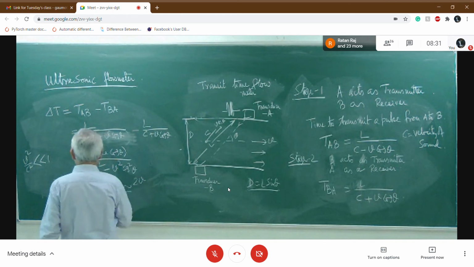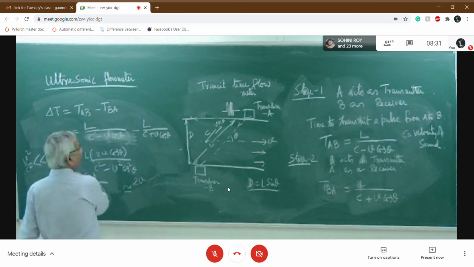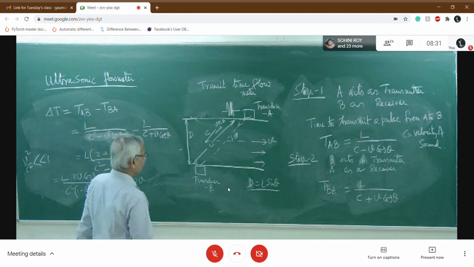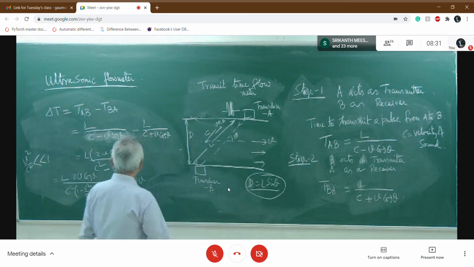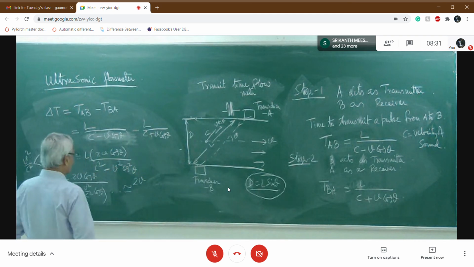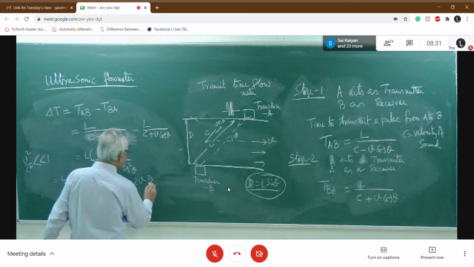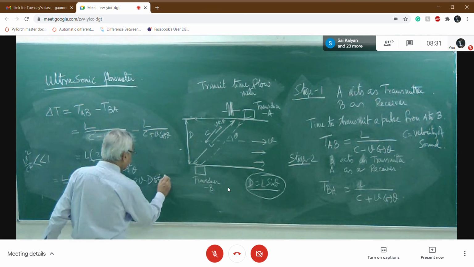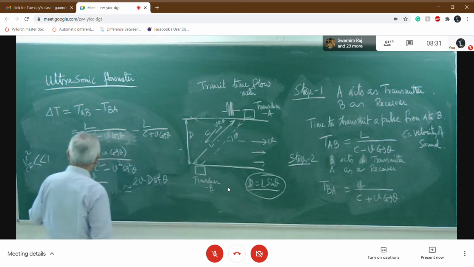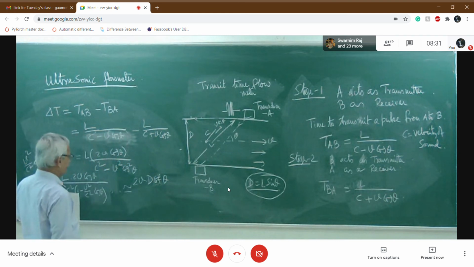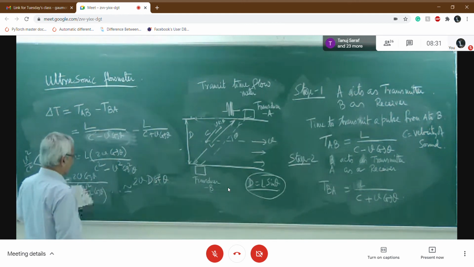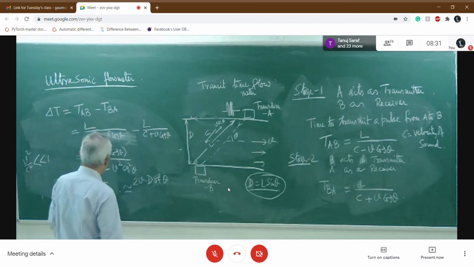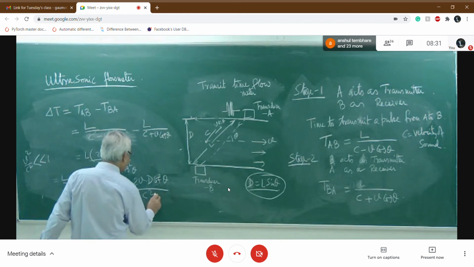Instead of L, I use D by sine theta, so delta t is equal to 2V D cot theta divided by C square, because cos theta by sine theta is cot theta.